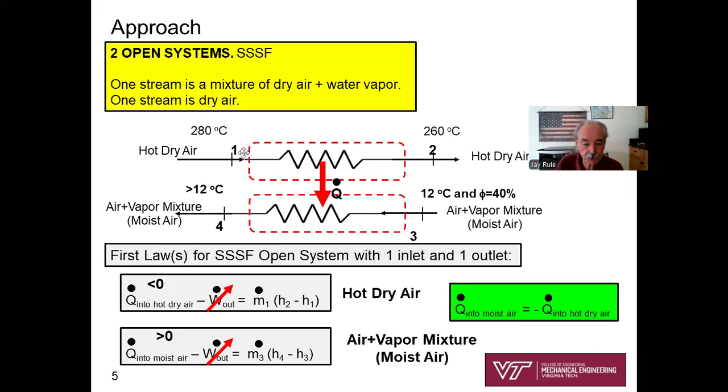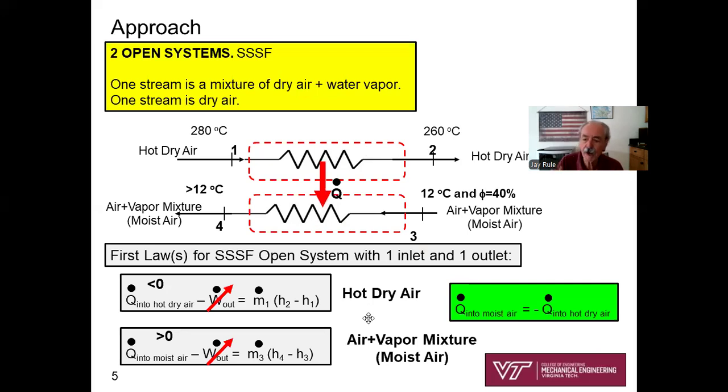So we've got the hot, dry air open system, 1 inlet, 1 outlet, steady state, steady flow. And we've got one open system with the air vapor mixture, steady state, steady flow, one inlet, one outlet. And so we've got heat transfer from the hot dry air system into the next open system of the mixture.